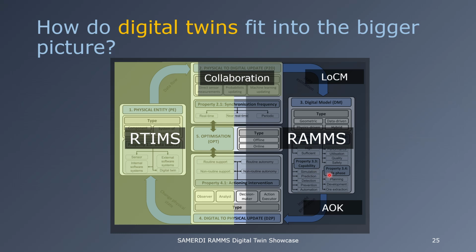But once we have this digital state and we optimize it, this needs to be communicated back to the physical entity. And this is not always just a purely data-driven technique. Sometimes humans are involved.